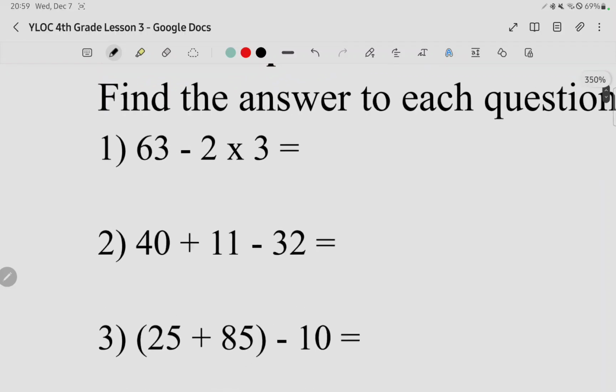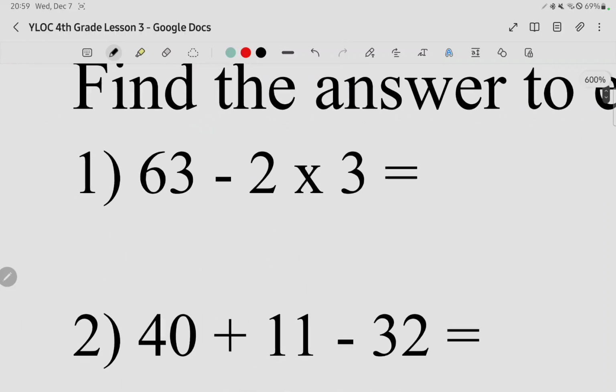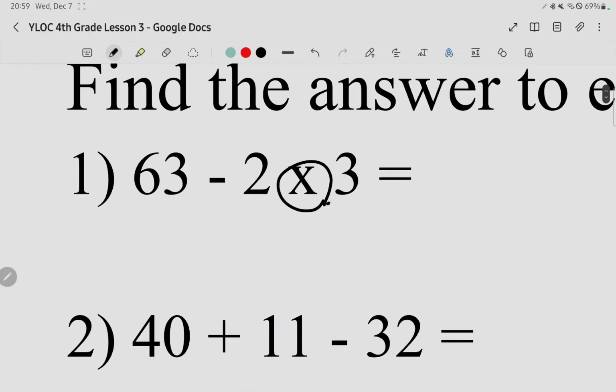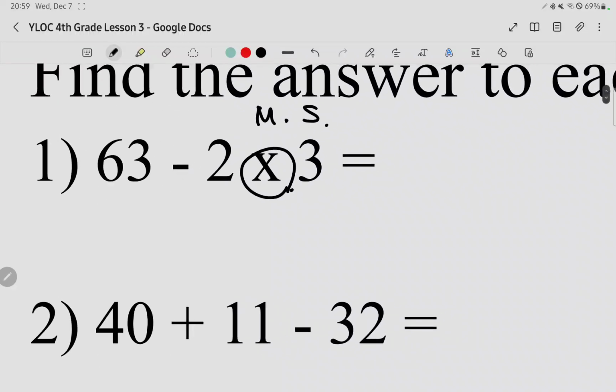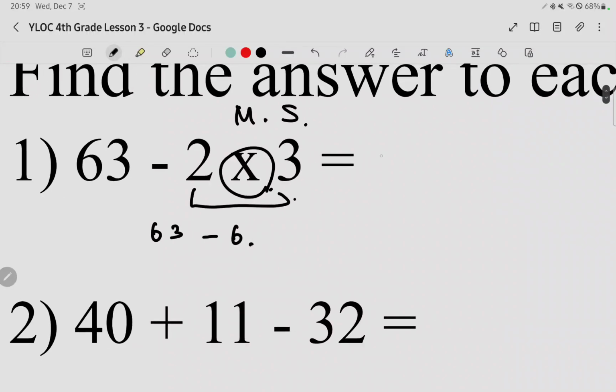Okay, we'll start with number 1. As you can see, this is multiplication, which comes first, then subtraction, which is S. So I have to multiply 2 and 3 first, which is 6, and subtract from 63. So this becomes 57.